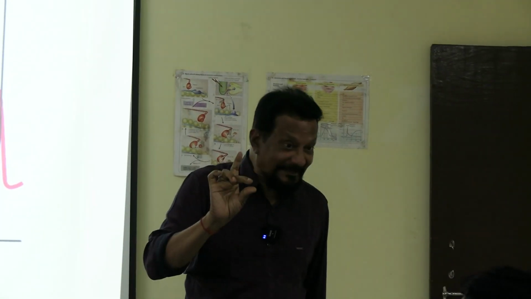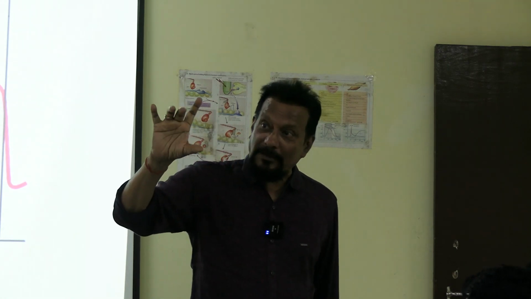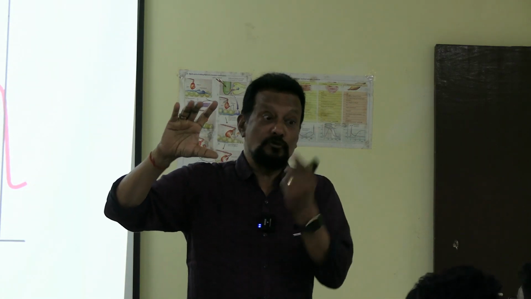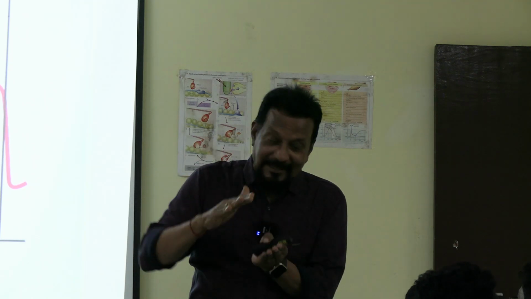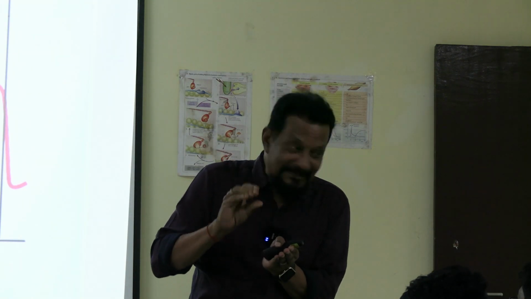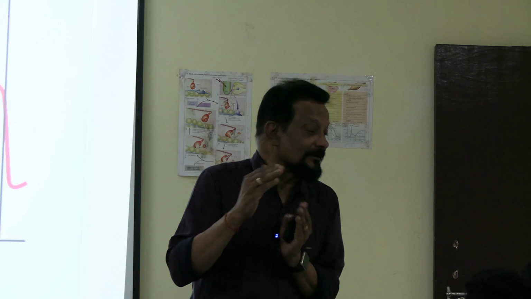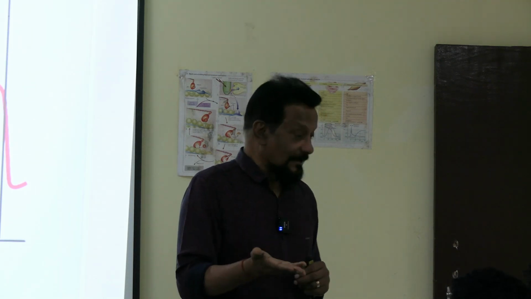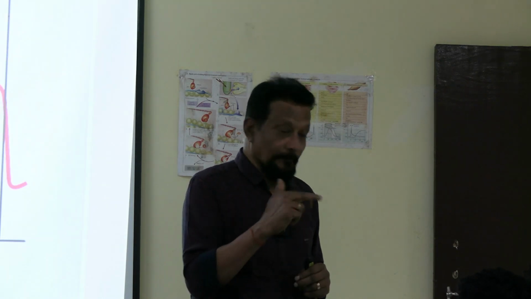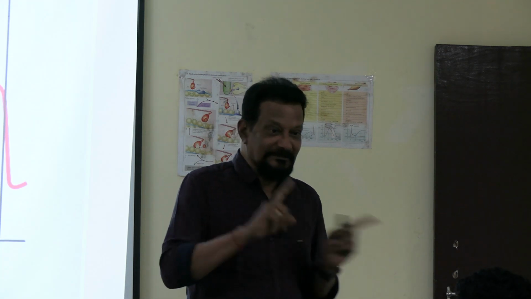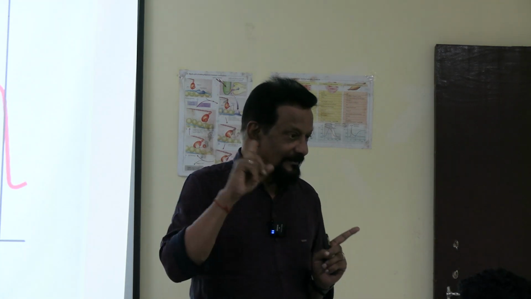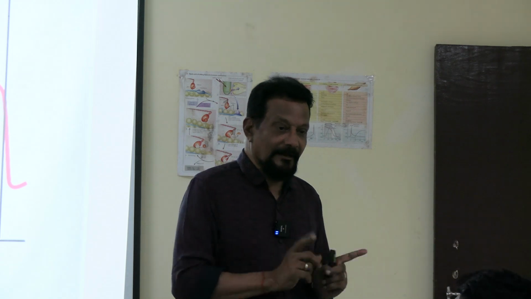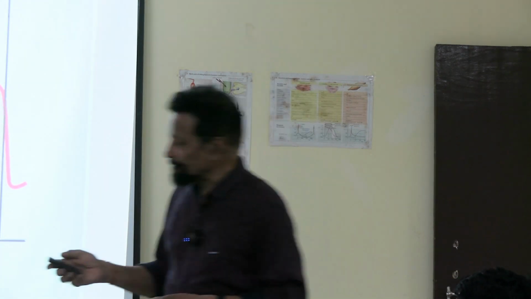The right ventricle is thin, and the left ventricle has to produce more force. Here it has to produce less force, so less contraction and least effect on coronary blood flow. This is the difference between left and right ventricular blood flow.